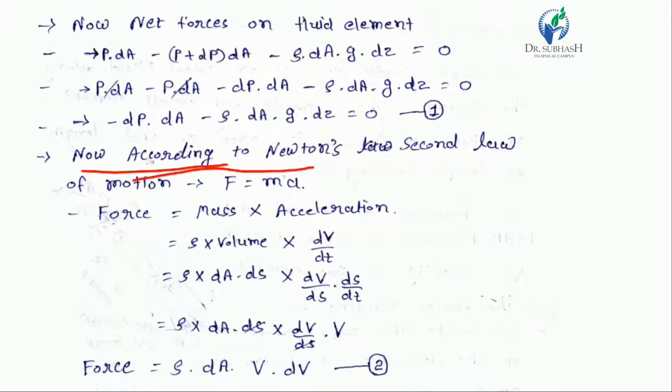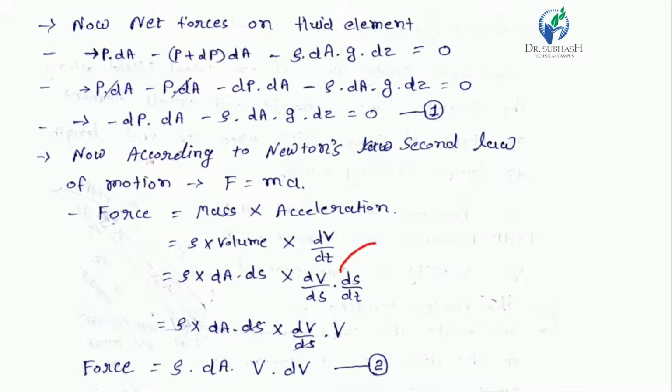Now according to Newton's second law of motion, force is equal to ma. For that fluid element, the total net force is mass into acceleration. Mass we convert into density into volume, and acceleration is the change in velocity per time, dv by dt.